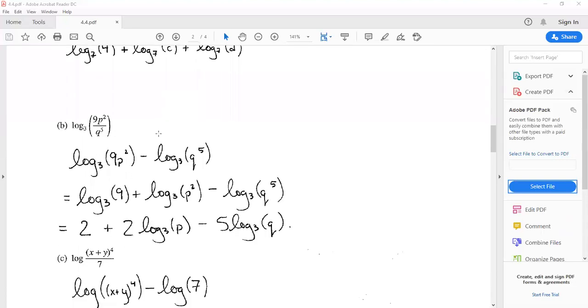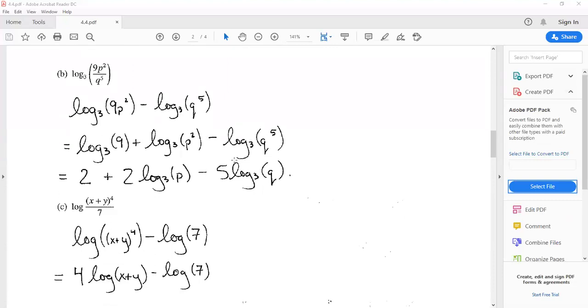Okay, the next one they ask us for log base 3 of 9p squared divided by q to the fifth. So I'll first invoke rule 6 and give us that we have log base 3 of 9p squared minus log base 3 of q to the fifth. And then I'll further break up the first one because I see it's a product inside there, so I can write that it's log base 3 of 9 plus log base 3 of p squared minus still log base 3 of q to the fifth.